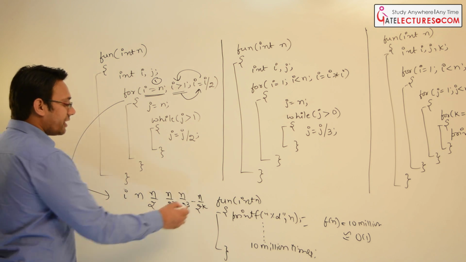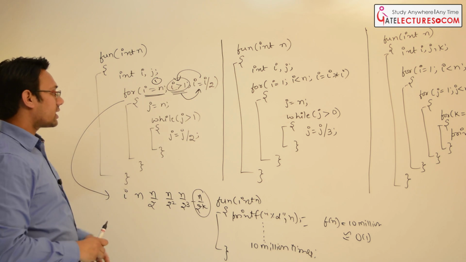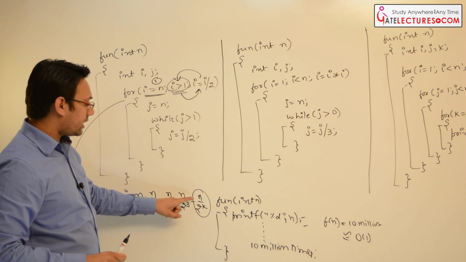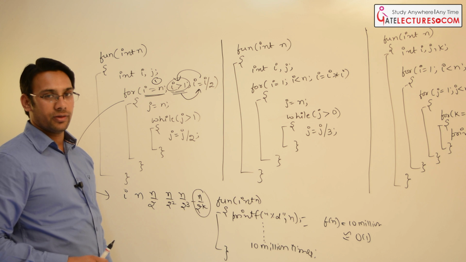Now when will this condition become false? This condition will become false only when (n/2)^k is going to be less than 1, right?